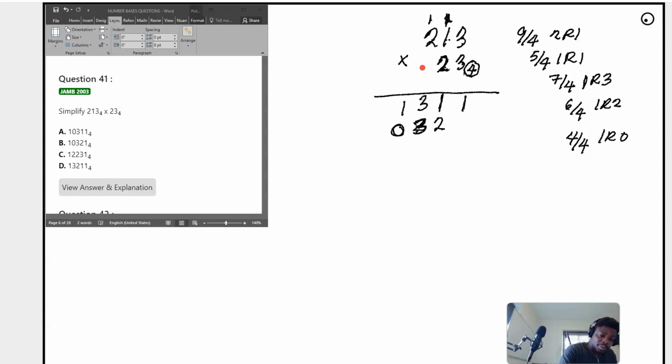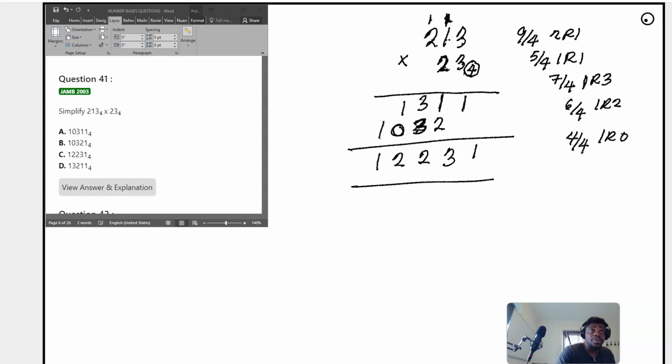There is no point to put 1 here, you put 1 here. Okay, now you had 1, 3. This is 6, which is still greater than 4, so you divide. So 2, carry 1, 2, and you put 1 here. So this is 1, 2, 2, 3, 1 in base 4. That is option C.